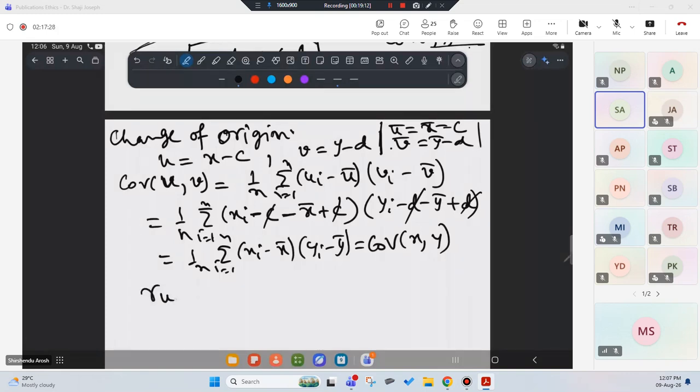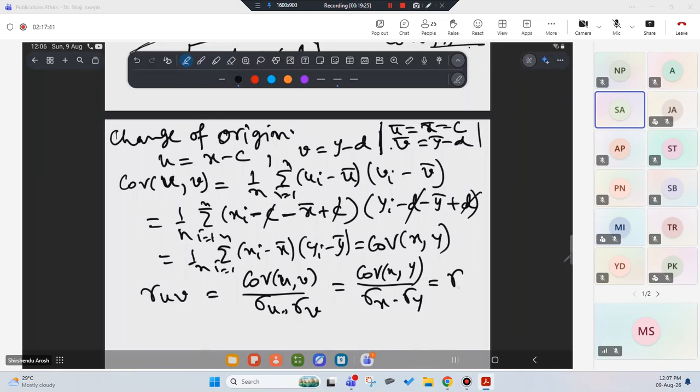That means r uv, that is covariance of u, v divided by sigma u multiplied by sigma v, is the same as covariance of x, y divided by sigma x multiplied by sigma y. That means rxy. So it is not going to change. If you do only a change of origin, there is no difference in r uv; it neither changes the covariance nor the correlation coefficient.